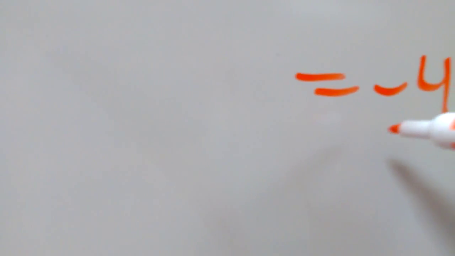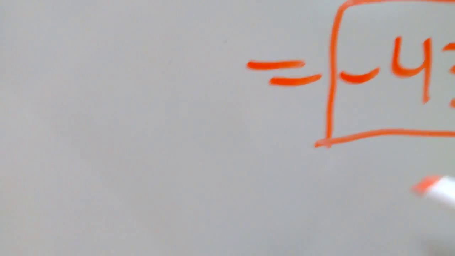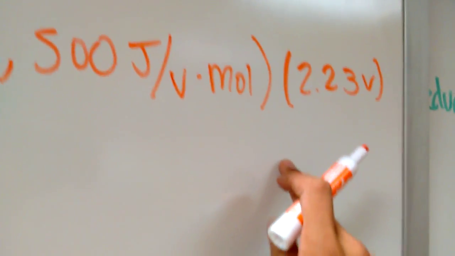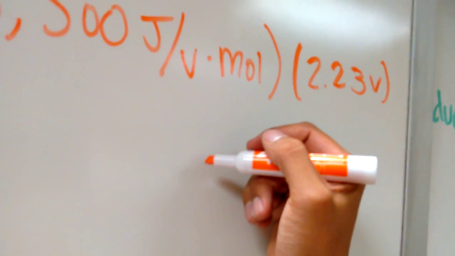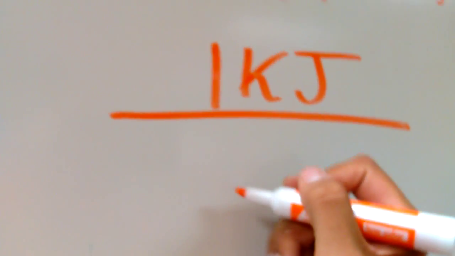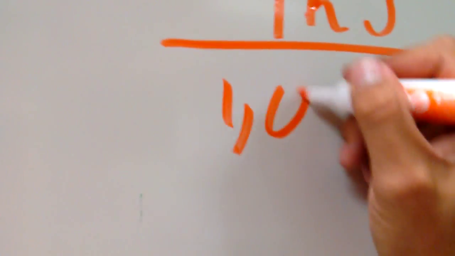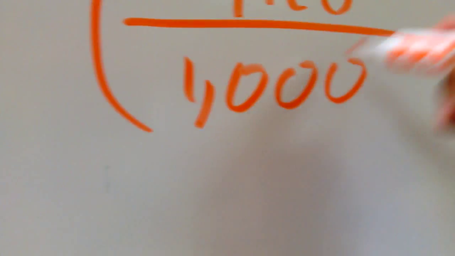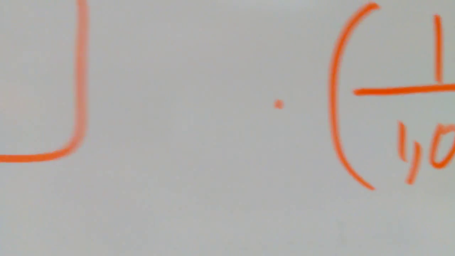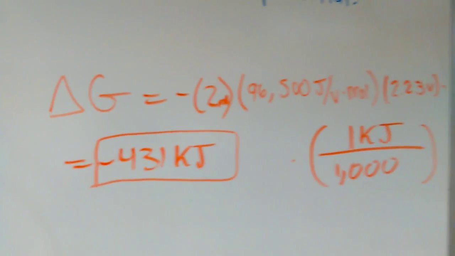Make sure you always convert it to kilojoules when it comes to Gibbs free energy. Here you're going to get your joules, and you're going to want to multiply by 1 kilojoule over 1,000 joules, and that's how it's going to get you to kilojoules. My apologies. And that's going to be that.